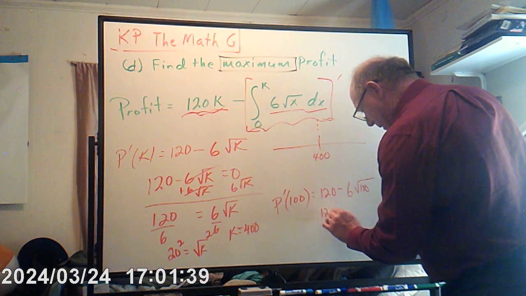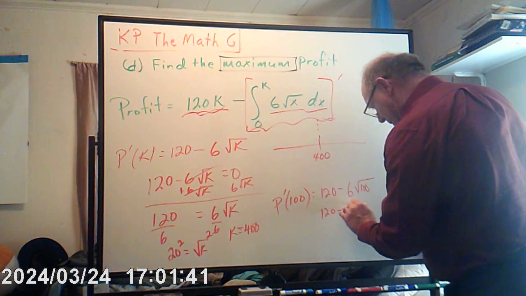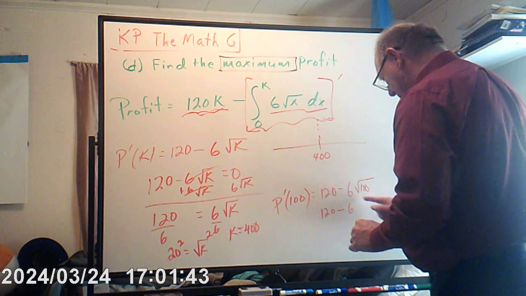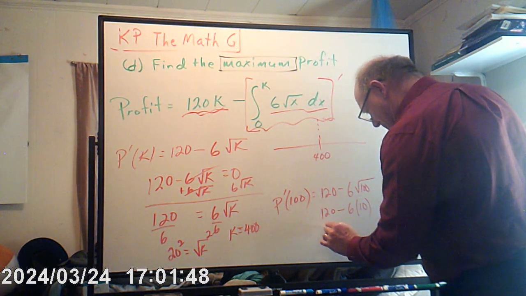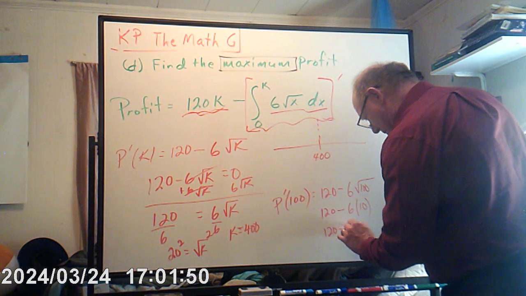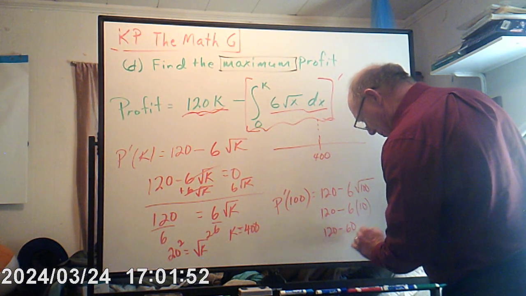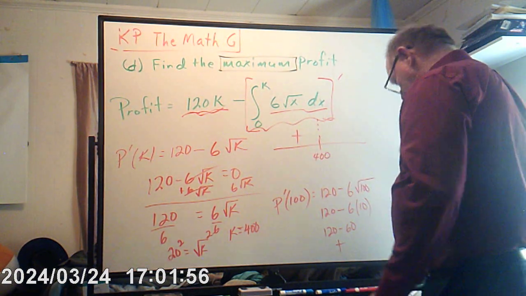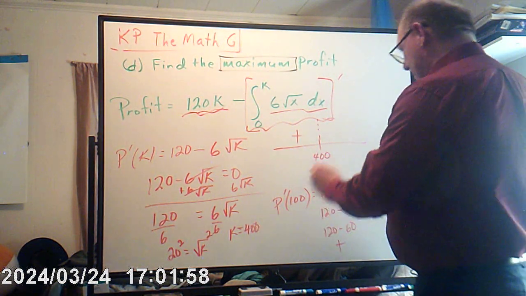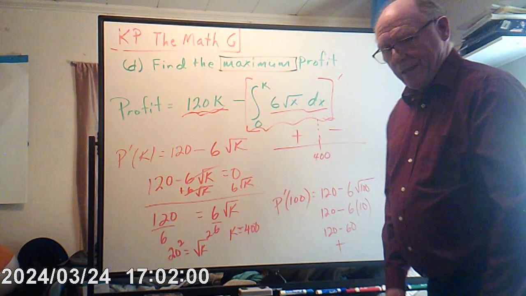The square root of 100 is 10, so this is 120 minus 60. And of course, we know that that is positive. And obviously this side is going to be negative.